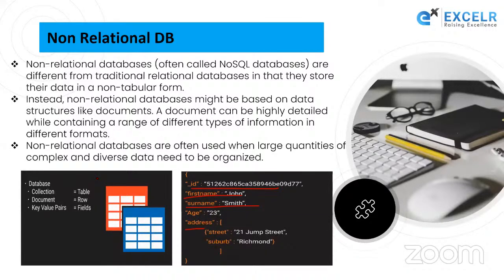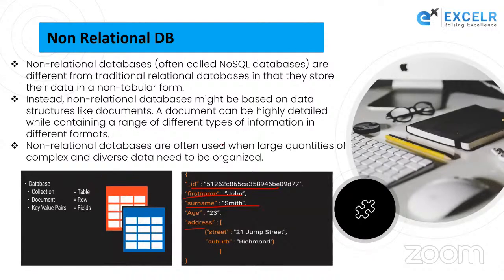All of this can be done very fast. And remember one more thing, these non-relational databases are super fast. You can do millions of operations, over petabytes of data, with this non-relational database.